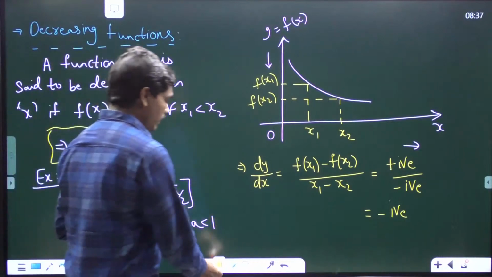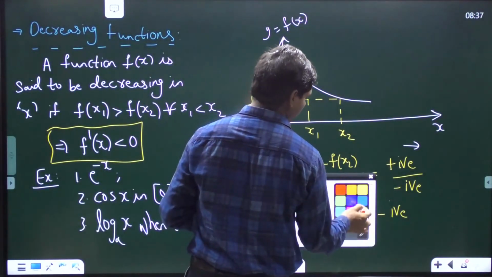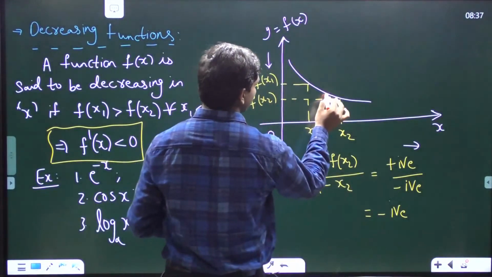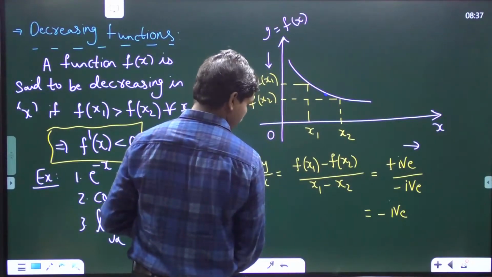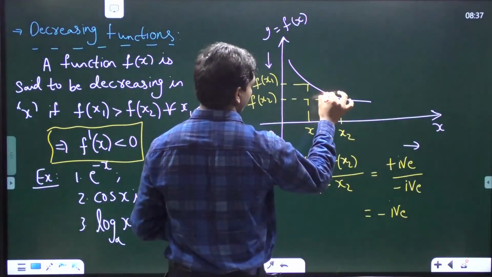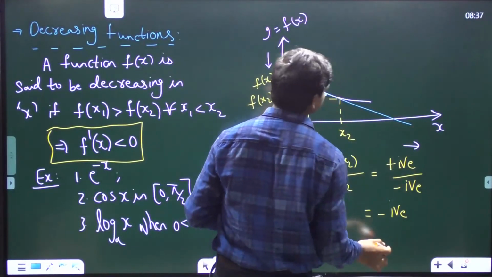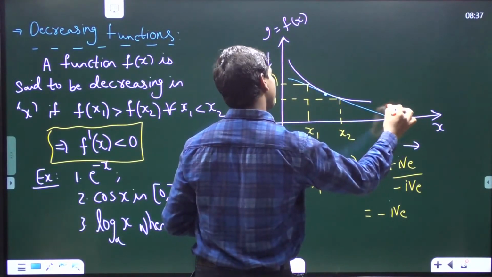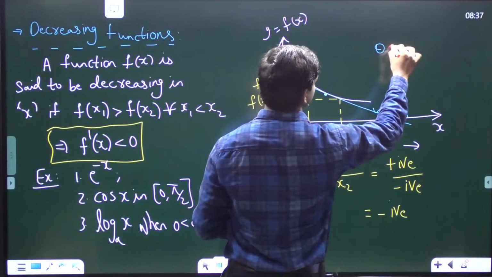Okay. Geometrically, if I want to show you the same thing, I could write these things for you. So for example, let us suppose here is the point. I hope you can see the things here. Yeah. Now if I draw a tangent somewhere here, which is passing like this, now if you see, this angle made with x-axis in positive sense is theta, and theta is here greater than 90.